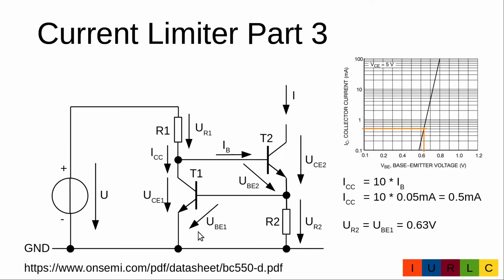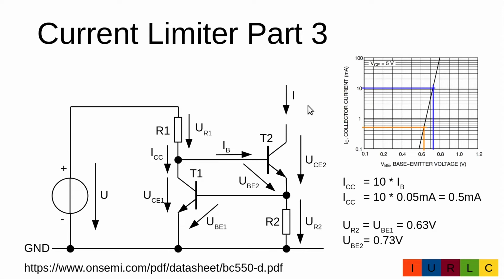It's equal to the base emitter voltage of transistor T1. For this we need the datasheet. Here is the reference to the datasheet. And with the cross current in the collector of T1 we have 0.5 milliamp collector current, and we get 0.63 volt base emitter voltage, which is the voltage at the current sense resistor R2.